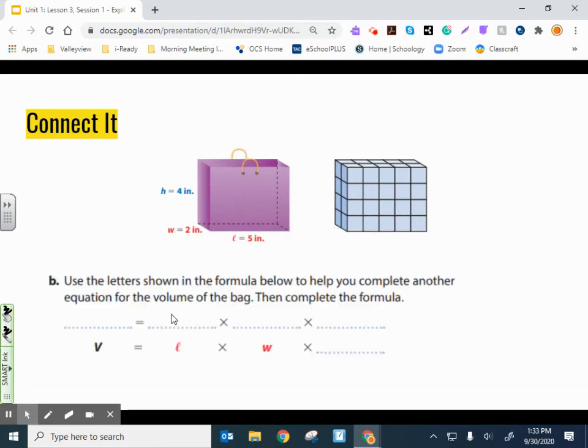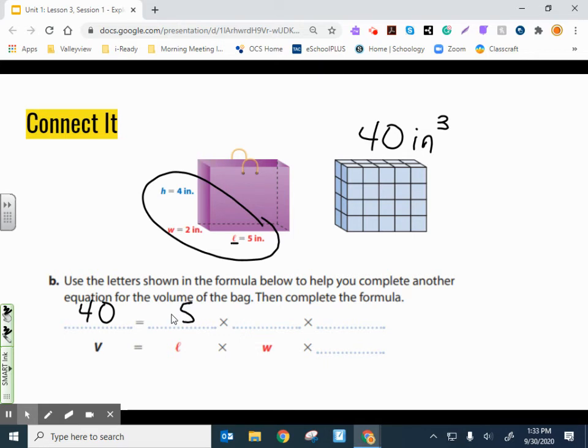Let's try a different technique. We've got all three of our measurements here: our length, our width, and our height. We know that this volume is 40 cubic inches. We've got the length, which is 5.